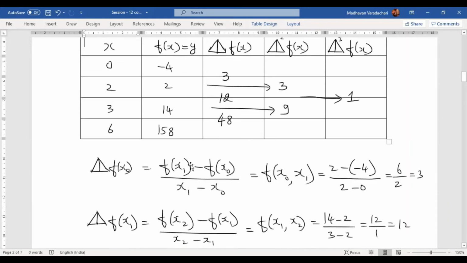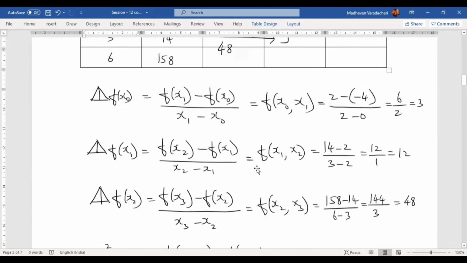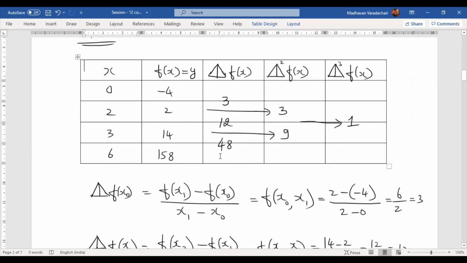So you can also do this directly. The only thing is you need to correctly choose the numbers. When I do this 3, I should consider 2 minus minus 4 divided by 2 minus 0. Directly you can calculate it and write 3. Similarly, 14 minus 2 divided by 3 minus 2. Next one, 158 minus 14 divided by 6 minus 3 to get this 48. Then come here, 12.